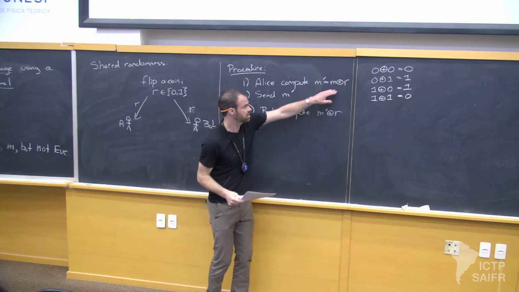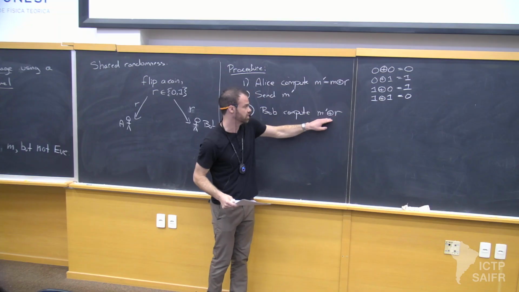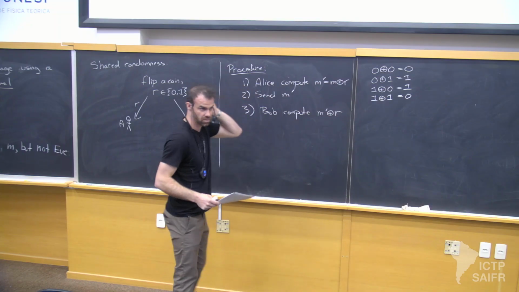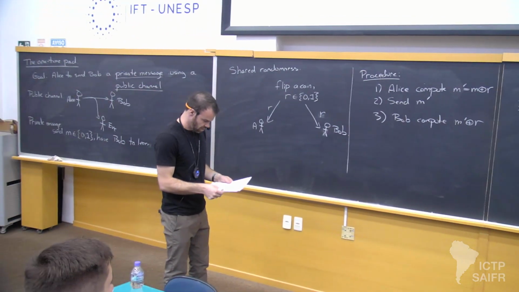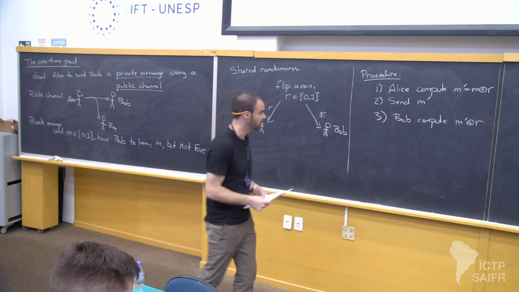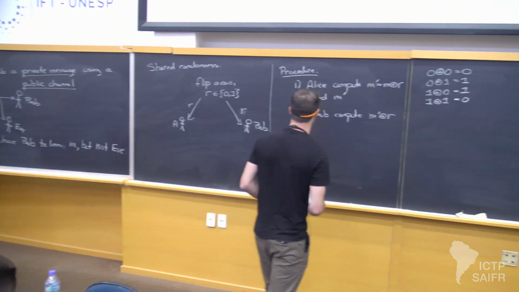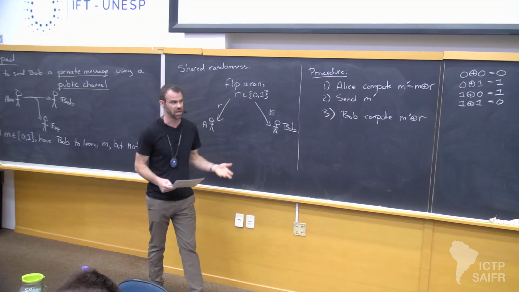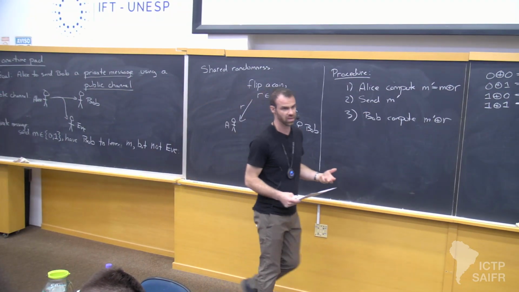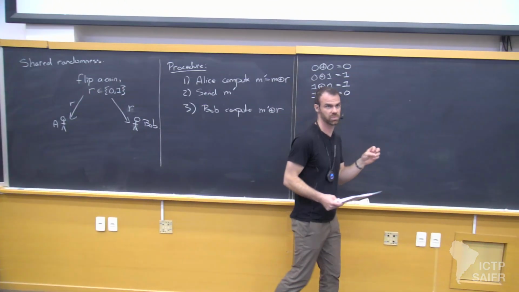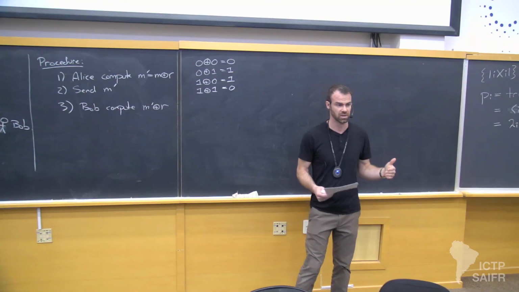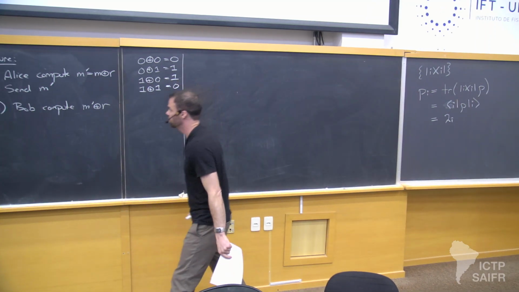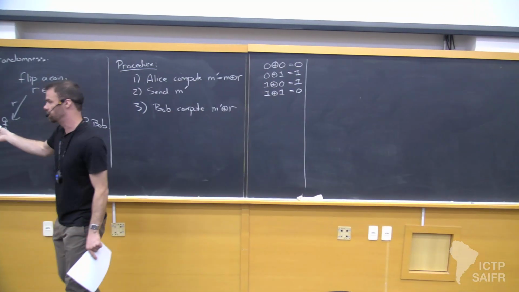And Alice can do this because she knows R, and Bob can do this because he knows R. Okay. So this is our procedure, and what we need to do now is check that this works, right? And there's two requirements for this to work. One is that it's correct, which means that Bob gets the message, right? And the other is that it's secure, which means that Eve should not learn anything about the message.